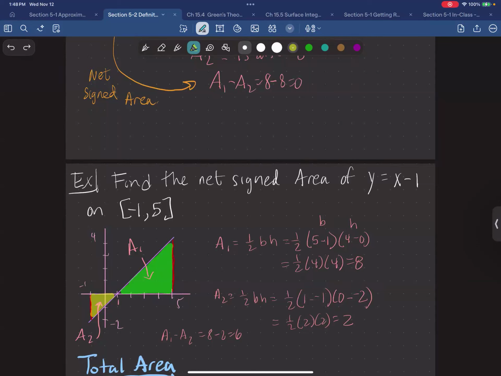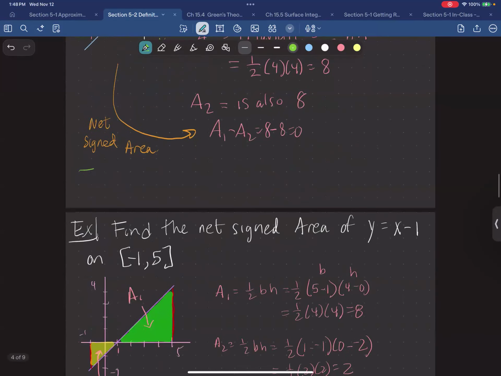So that's how net signed area works, and that is how integrals work. Oh, we haven't gotten to indefinite yet. No, I'm sorry, definite.